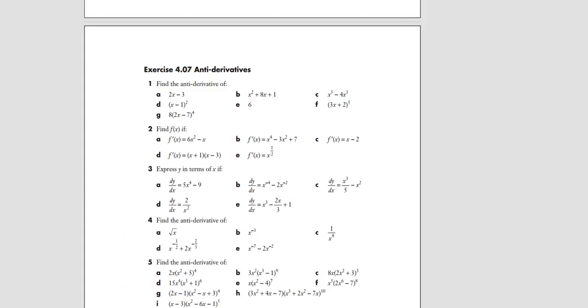So they want you to solve 2 divided by x square. You have to find the antiderivative, okay?